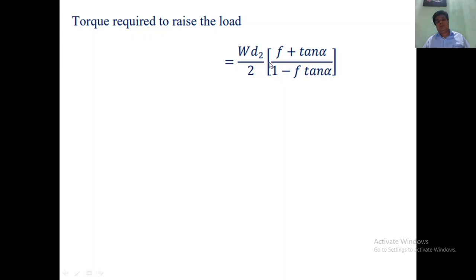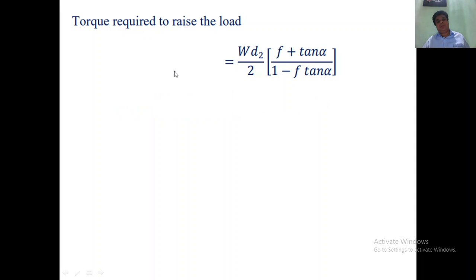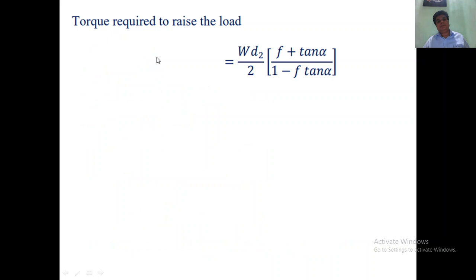We derived this equation in the analysis, so we will use it now. These equations are also in the data handbooks, so you can take them directly. The torque applied manually is calculated here, and the torque to raise the load from the analysis is this equation.